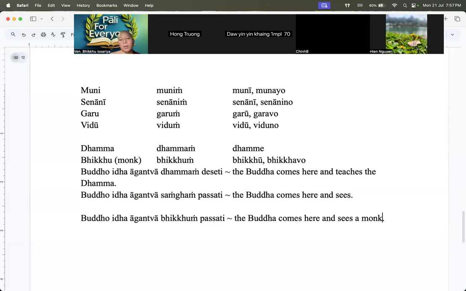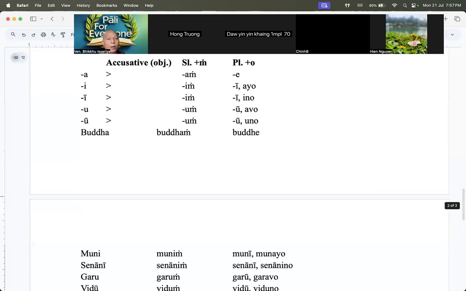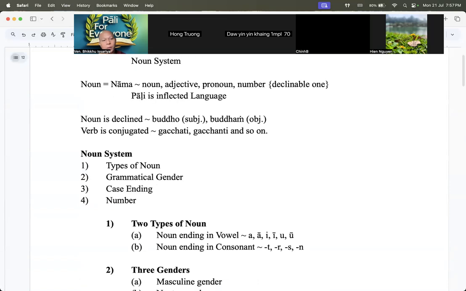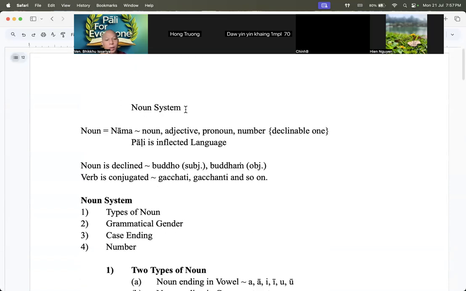You see. So now today we start learning the noun system. In the noun system, the important point we need to know is that even though we say noun, under the noun, adjectives, pronouns and numbers, all declining words, are also included.